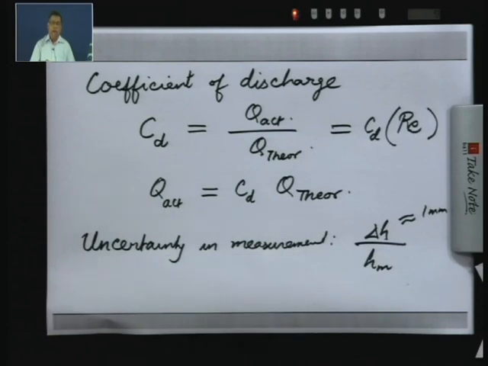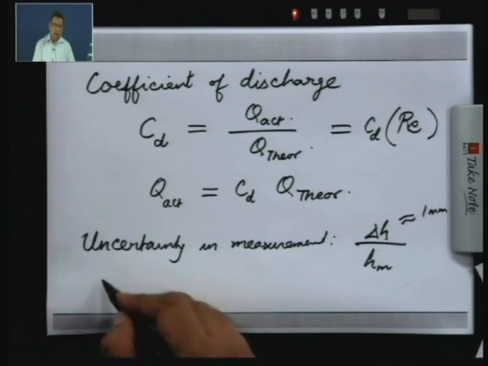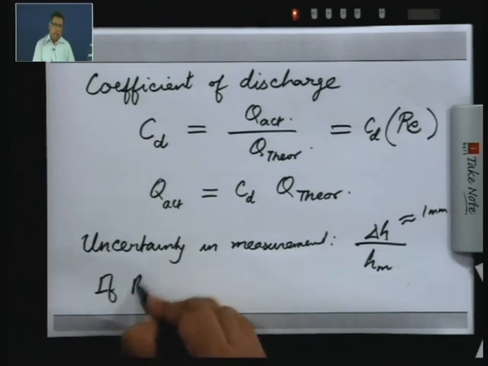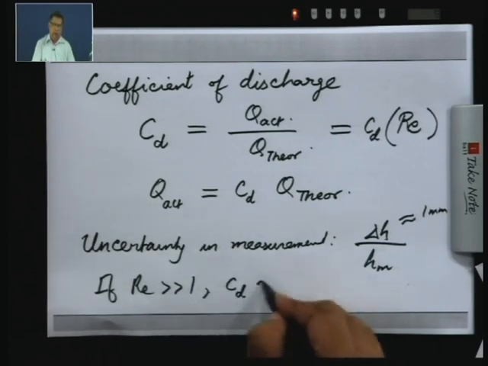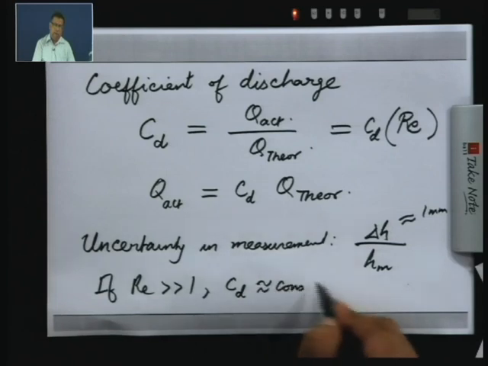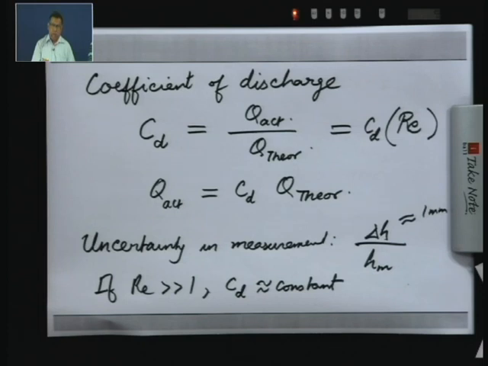Now, one fact that helps you in the measurement is that if Re is large, typically turbulent flows, then C_D becomes roughly a constant, independent of the Reynolds number.